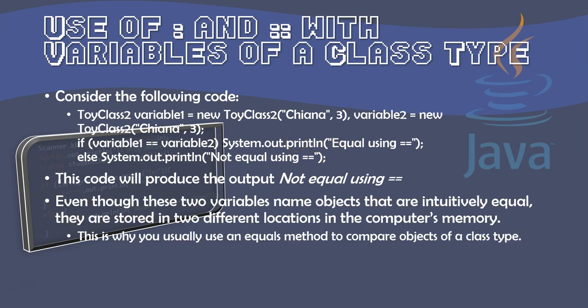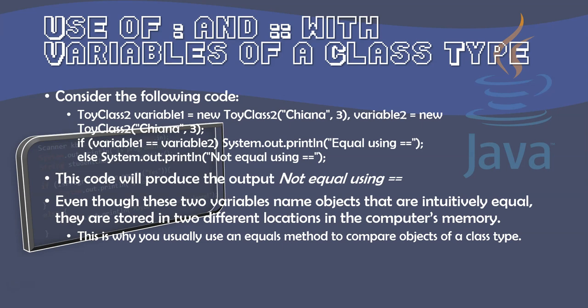And why is that? Even though these two variables name objects that are intuitively equal, because variable 1 equals a new toy class and variable 2 equals a new toy class with the same values plugged in, they're stored in two different locations in computer memory, even though their values are the same. This is the reason why, when we talk about things like strings or other class types, we cannot use == in Java.